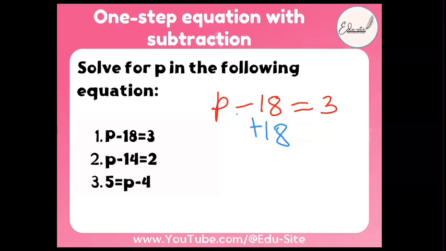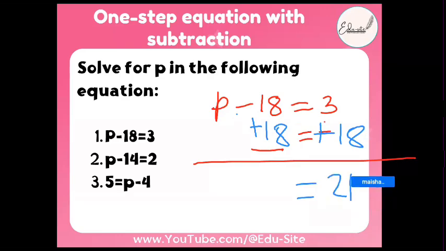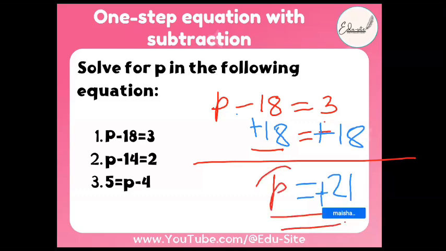Yes, excellent. If you're going to do plus 18 here, then on the right hand side of the equation, it should be the same thing, plus 18. Minus 18 plus 18 cancels out, and p equals to 21. You have to write it in this way. P is equal to positive 21. You should not forget to write the variable name here.